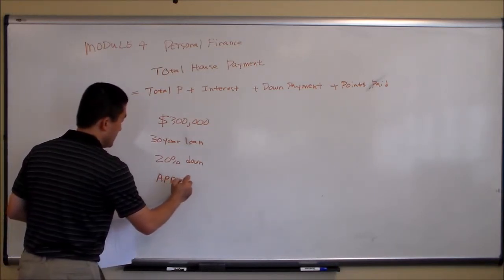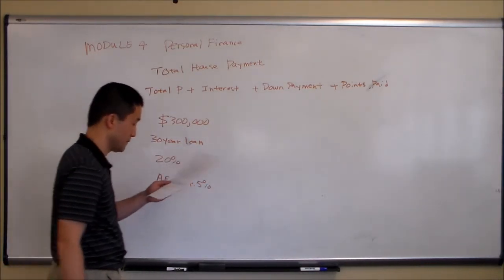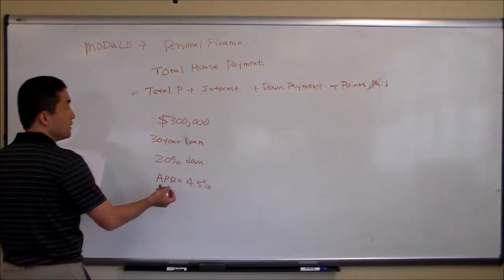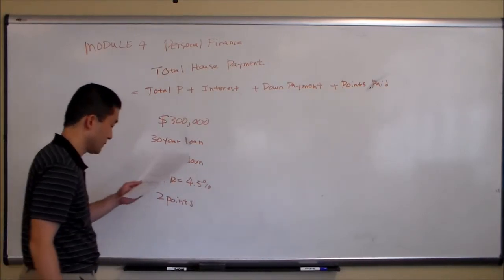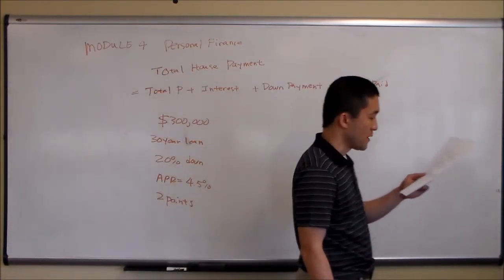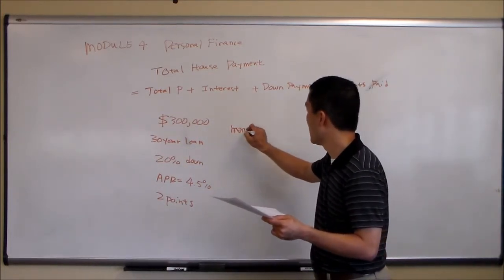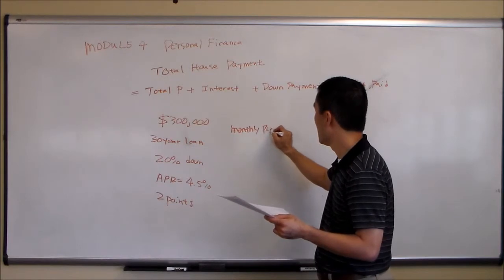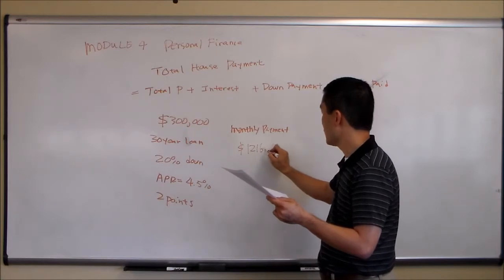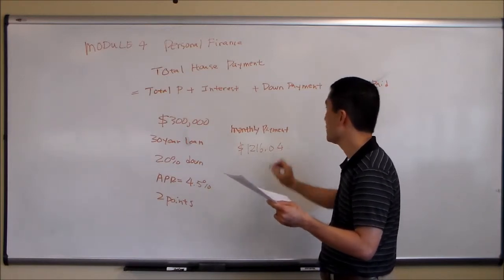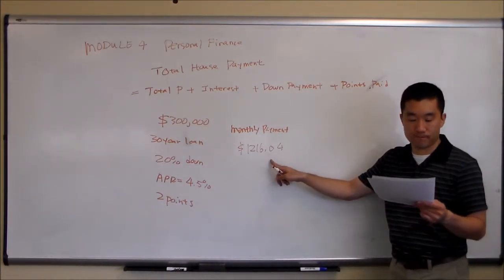APR, let's say 4.5%, and you pay 2 points. Your monthly payment happens to be 1216.04. So if you use the previous page to figure out the monthly payment, that's what you should get.